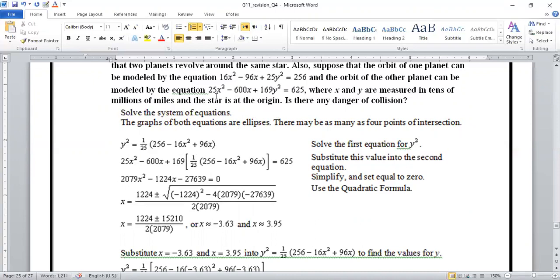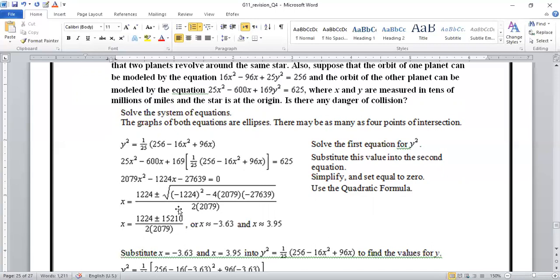Okay, 25x squared minus 600x plus 169 times 1 over 20 times 256 minus 16x squared plus 96x equals 625. After simplifying, solve and get the value of x.